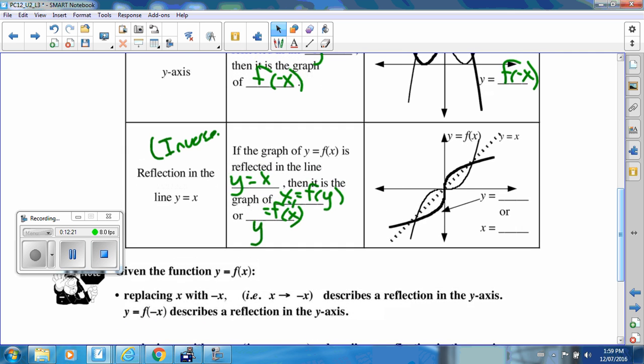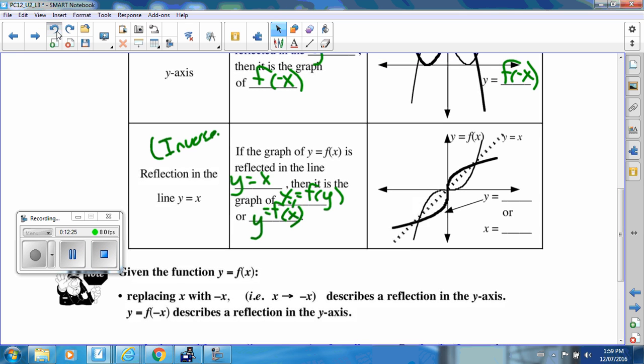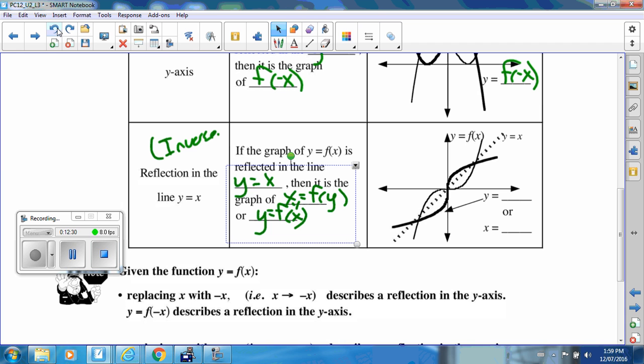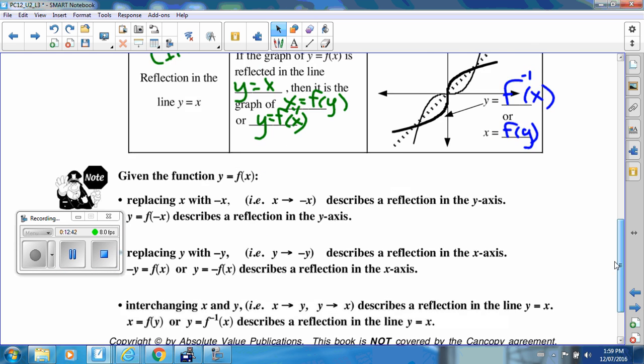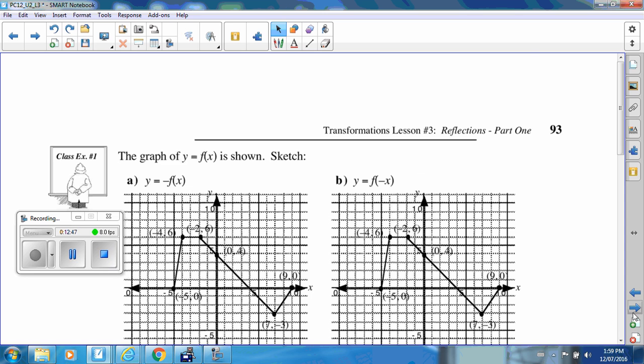So this is either x equals f at y or f -1 of x, the inverse function of x. Again, that just kind of is notes on those same pieces.